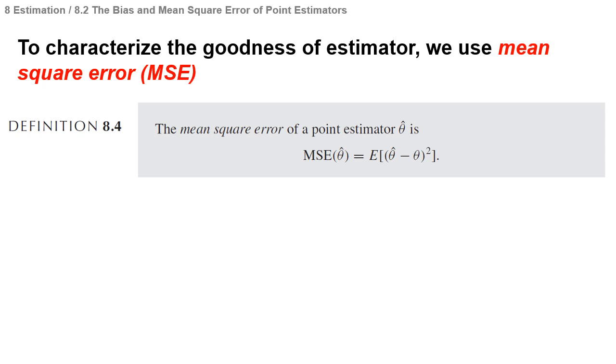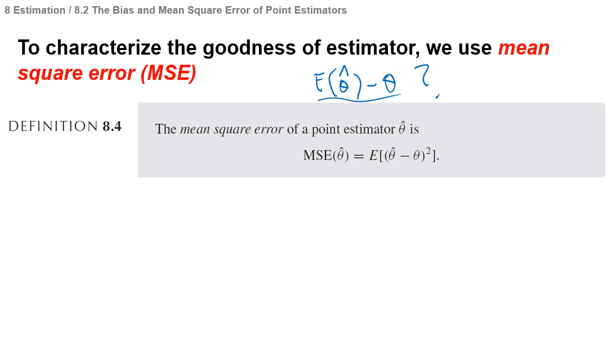And the bias term is the expected value of zeta hat minus zeta. Would this be enough for a good estimator? Since I'm questioning you, probably there's another concept, which is variance.